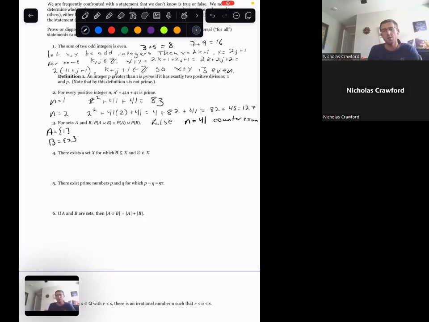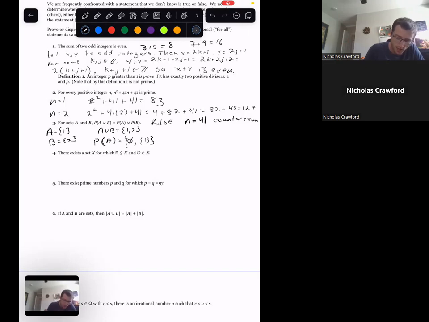So we have 1 and 2, and let's see what happens. A union B is going to be {1, 2}. Then we start writing out the power set of A. Well, the power set of A is just the empty set and the set containing 1.